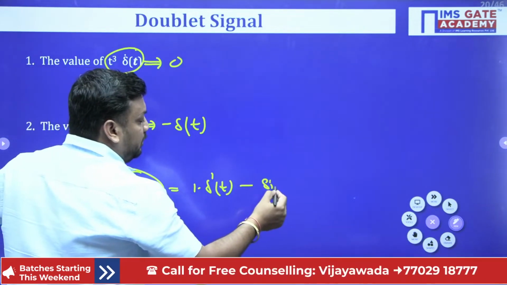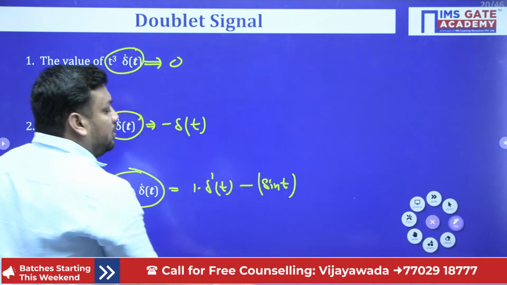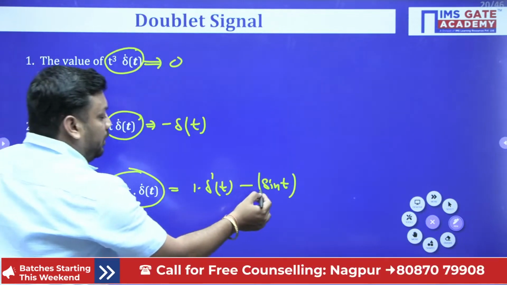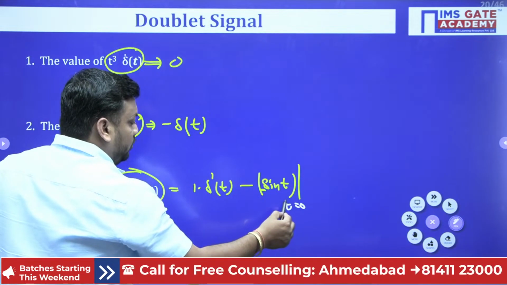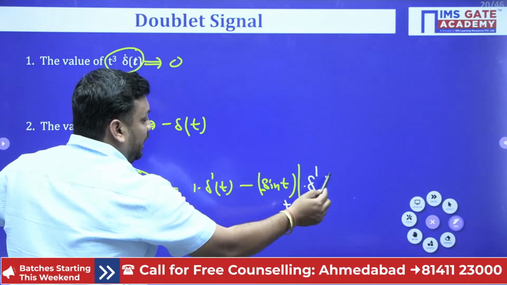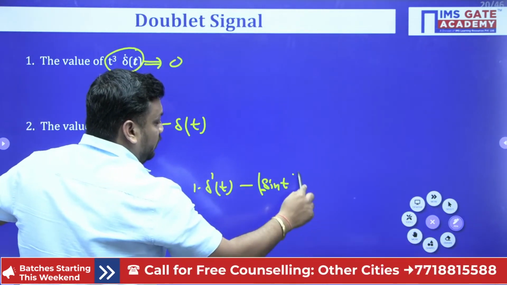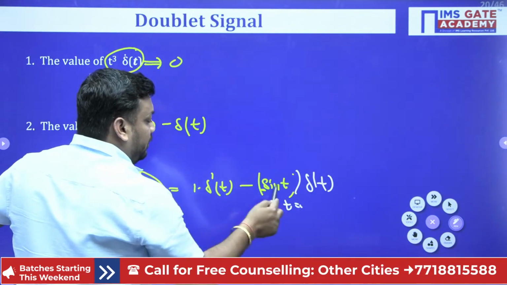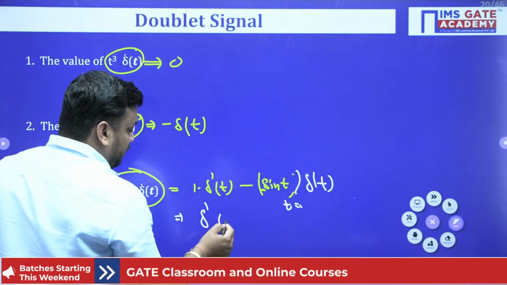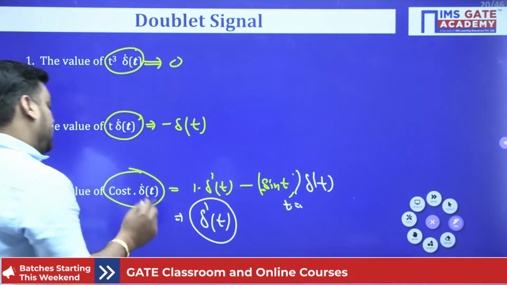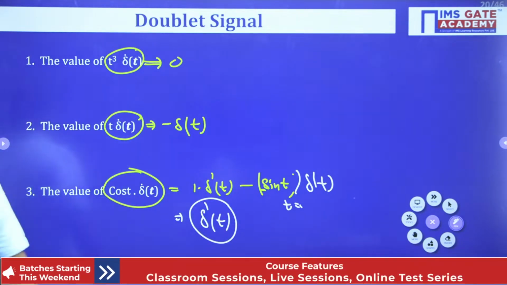Differentiation of cos is minus sine, yes or no? But why is it not important? Because when we put t equal to 0, sine 0 will be 0 only, and here you will have del t only. So ultimately it will become 0 only. So the answer is del dash t. So cos t dot del dash t is nothing but del dash t only.